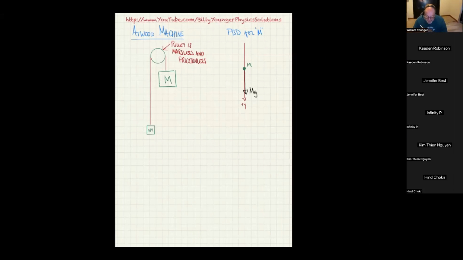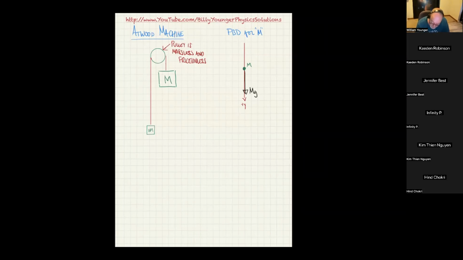And if you were to ask someone riding in that box of mass big M, they would say, well, thank goodness that rope was up there because otherwise I would have fallen into the ground at 9.8 meters per second every second and possibly died. So that tells us that the tension is actually acting on the big mass and pulling upward.